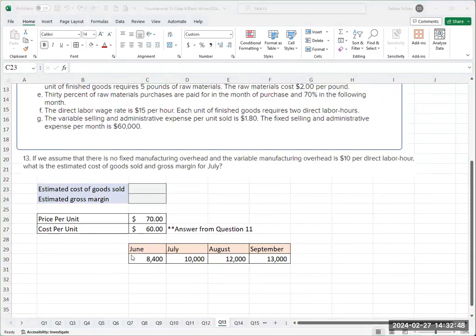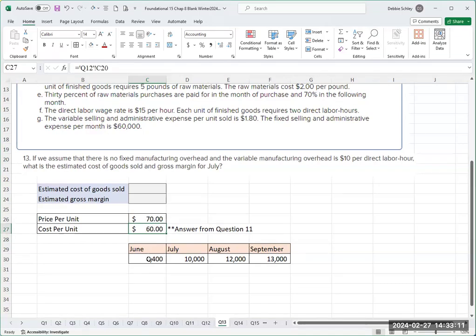Question 13. So again, same thing, but now they want to know the estimated cost of goods sold and gross margin for July. So I needed my selling price, which they told me at the beginning. I have my cost per unit, which is the answer from question 11.